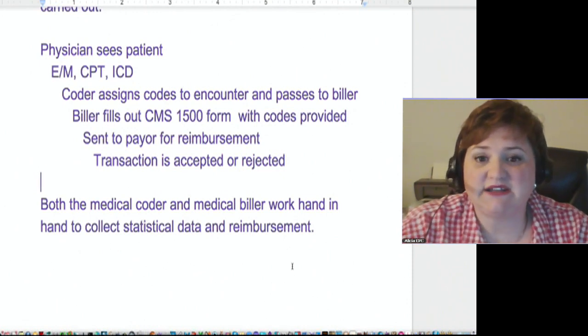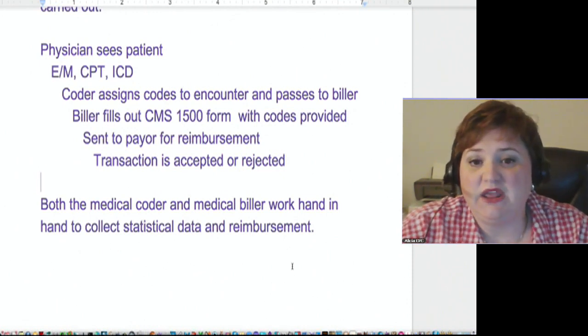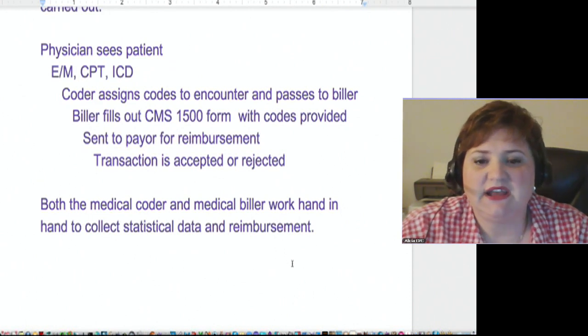That all boils down to statistics, and even what medication was given, and things like that.